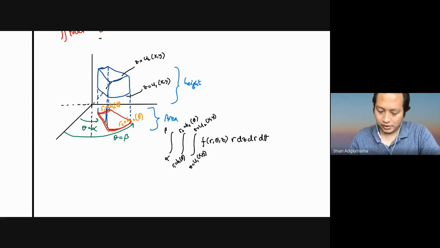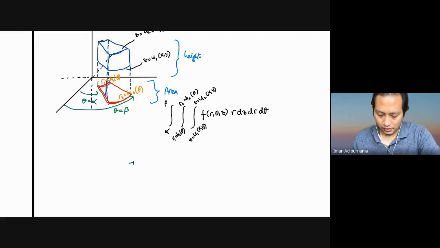So the idea is still the same as the previous triple integrals. First, identify the upper and lower surface.